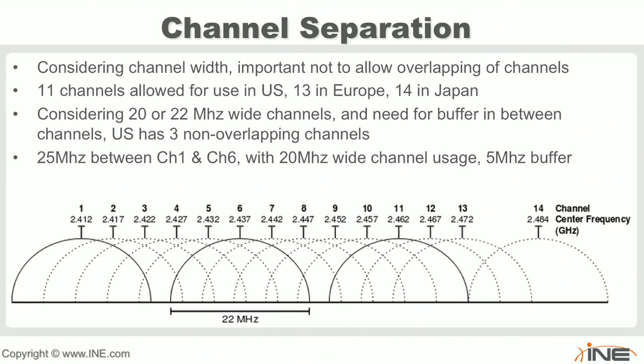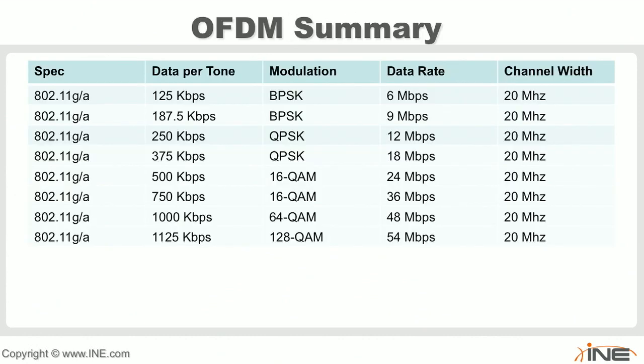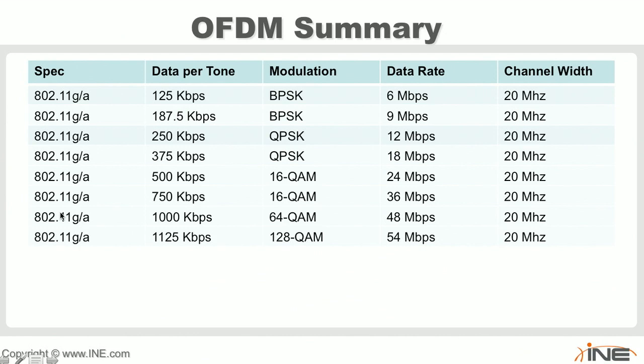We're also having so much more QAM symbols able to be stuffed into that area. We're effectively doubling the maximum of what 802.11n uses, 128 QAM. So with 802.11ac, we're able to double that with 256. So that's double the data rate right there.